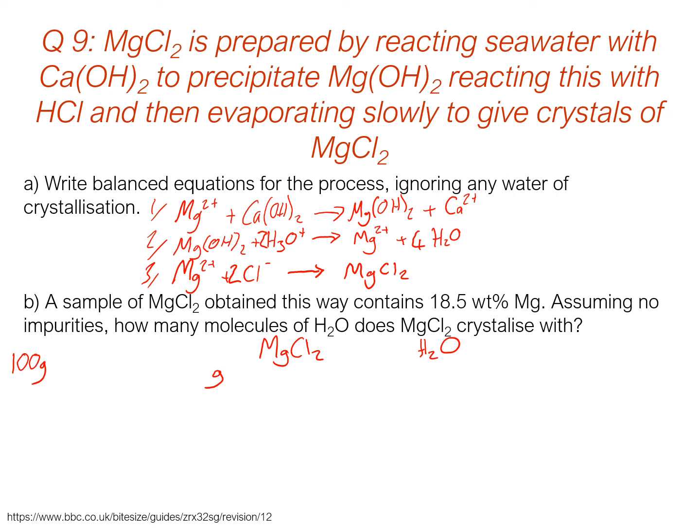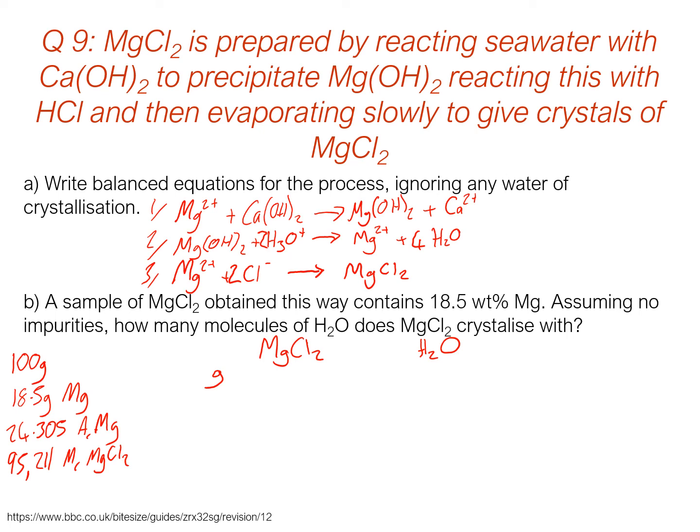That makes everything much easier, because then it means there's 18.5 grams of magnesium. And then by using the atomic mass of magnesium and the molecular mass of magnesium chloride, these are 24.305 for magnesium, and then 95.211 is the molecular mass for MgCl2.